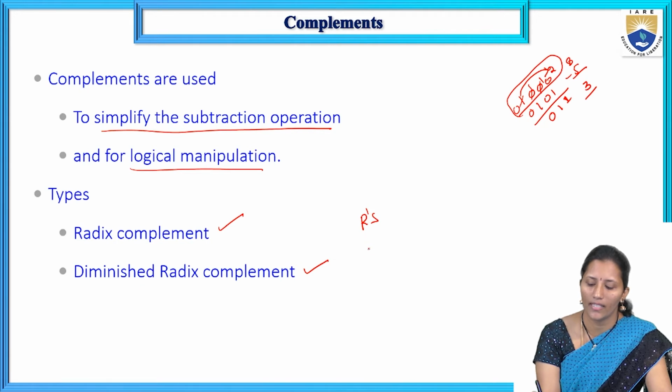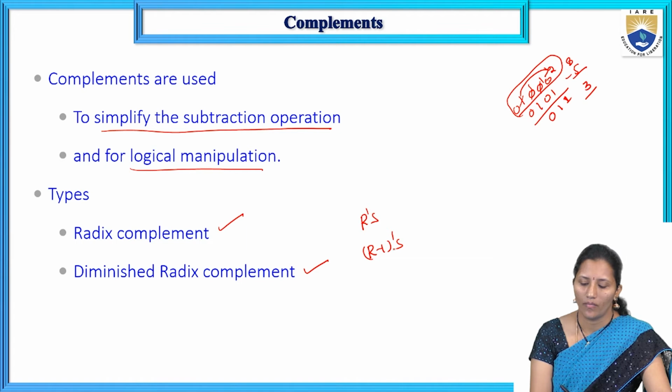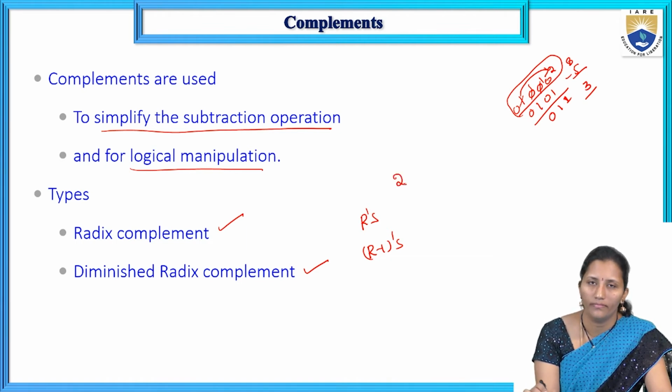Diminished radix is nothing but the r minus 1's complement system. For example, for the binary system, the radix is 2. The subtraction we can perform either by using 2's complement, or by the diminished radix method, 2 minus 1, that is 1's complement.